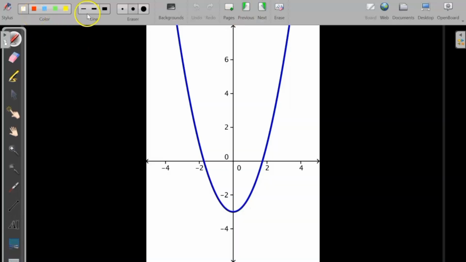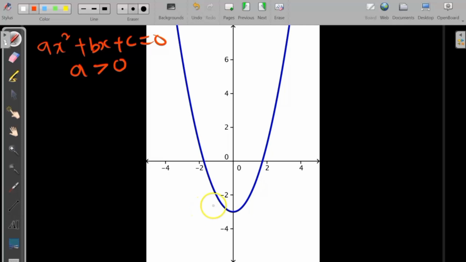This is a quadratic curve. A quadratic equation is given by ax squared plus bx plus c is equal to 0, where a is greater than 0.